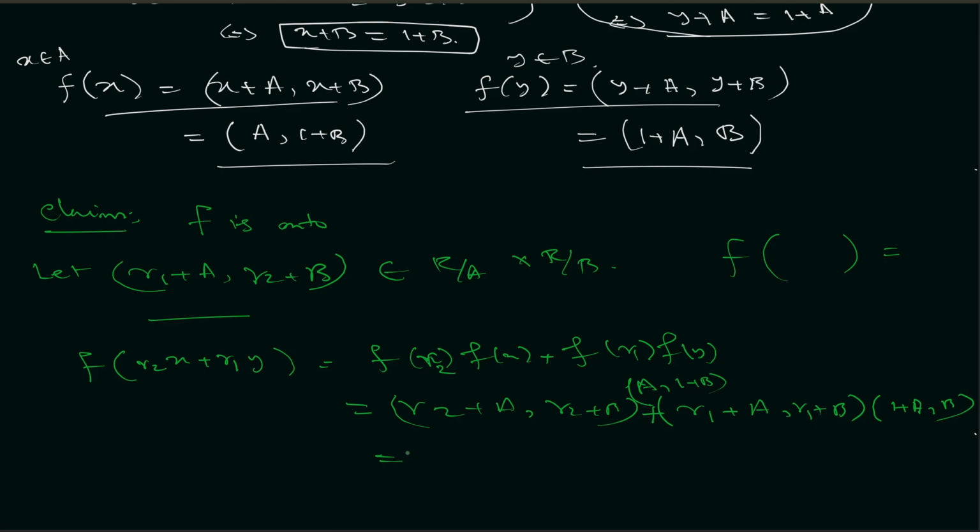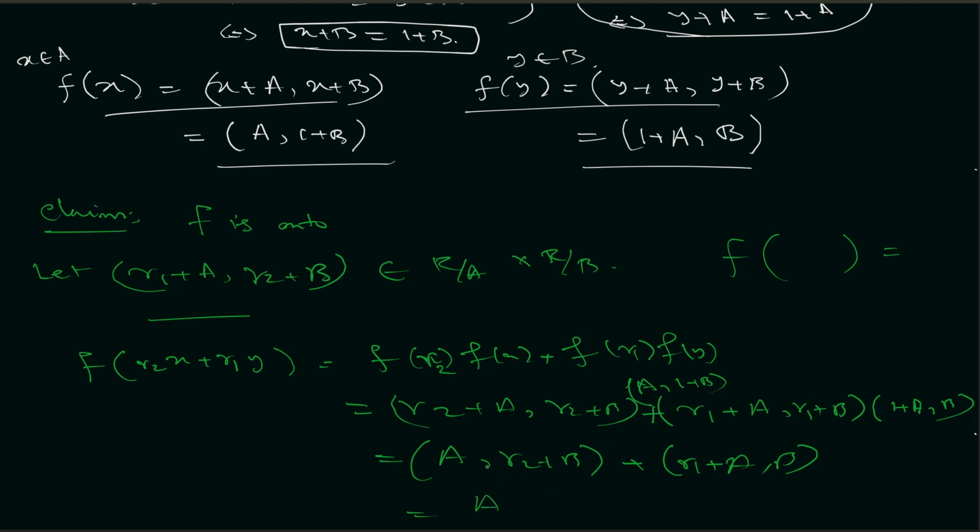This is okay. So now what will that be? That will be something like (a, r2 + b) plus (r1 + a, b). This is the simple calculation.